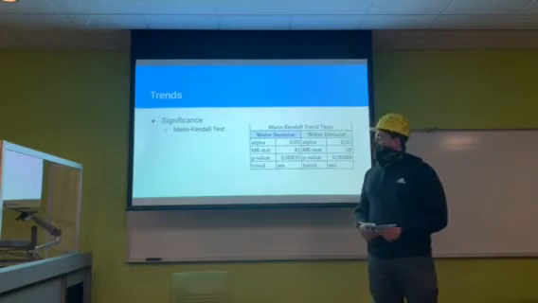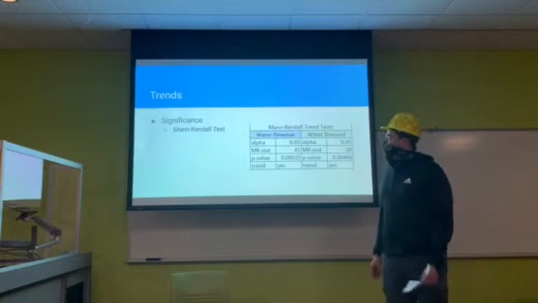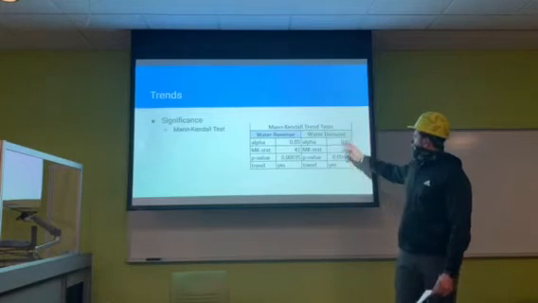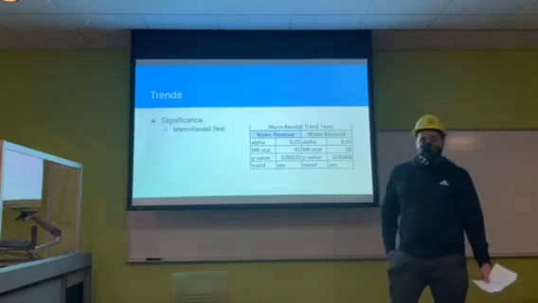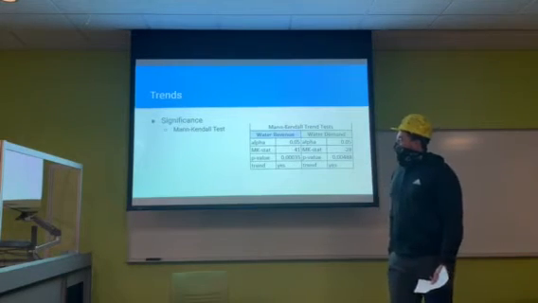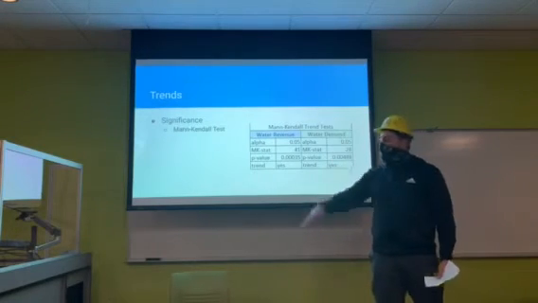So we checked for trends in our data. We wanted to find how significant each trend was based on the water revenue and the water demand data that we collected. The Mann-Kendall trend test is a way to check the significance of any trends in any data set and whether it's trending upwards or downwards.